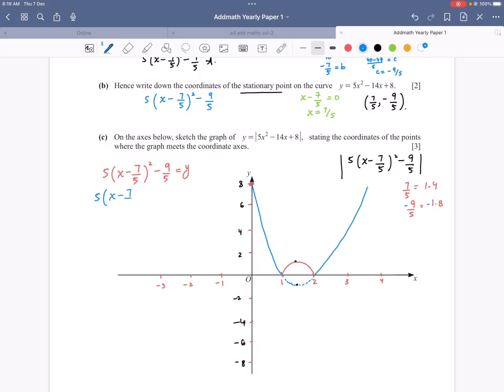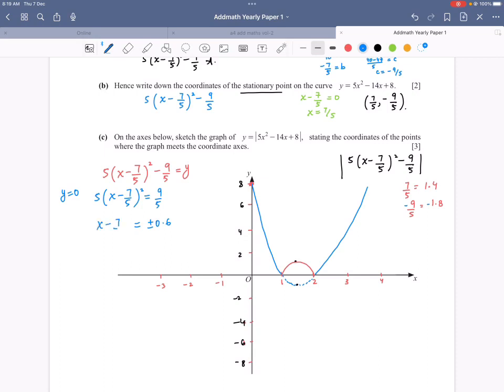We need to find it out. x minus 7 over 5 whole square equals 9 over 5, as I stated that y is 0. So we need to use a calculator to find out the values of this expression. So 9 over 5 divided by 5 and root of it. So that will be 0.6 with a plus minus sign.